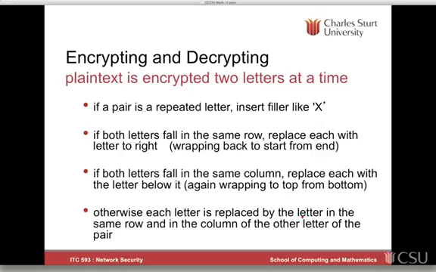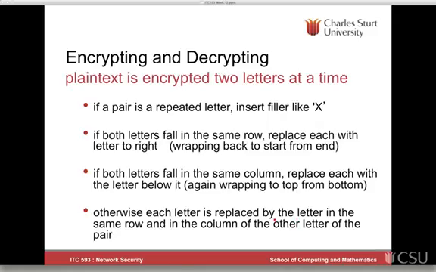The plaintext is encrypted two letters at a time according to the rules as shown. Note how you wrap from the right side back to the left, or from the bottom back to the top. Number 1, if a pair is a repeated letter, insert a filler like X, so that balloon encrypts as BA LX LO ON.